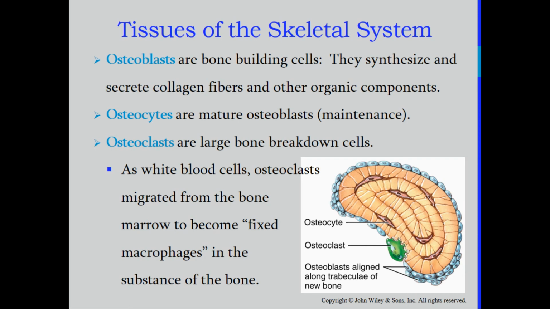They are a type of white blood cell. Osteoclasts migrated from bone marrow to become fixed macrophages, which means they don't move in the substance of bone. So osteoblasts lay down new, osteoclasts clear old bone away.